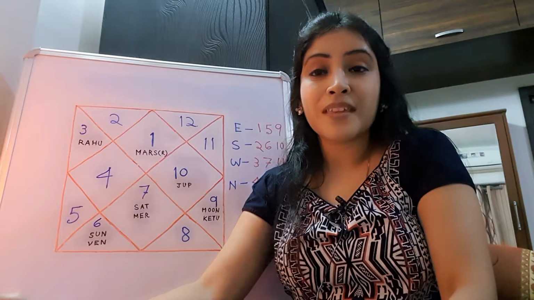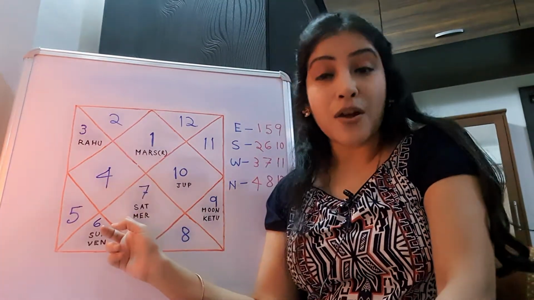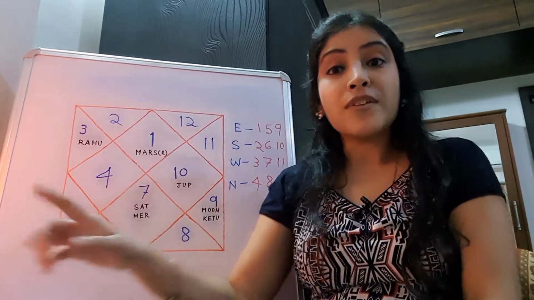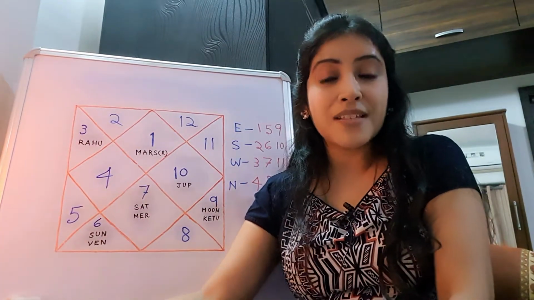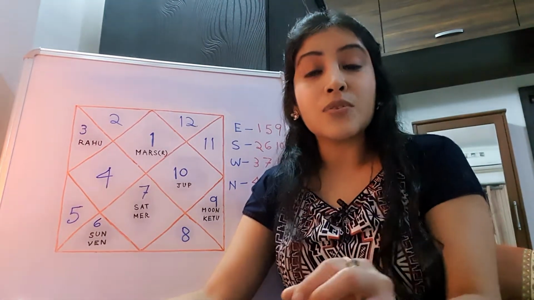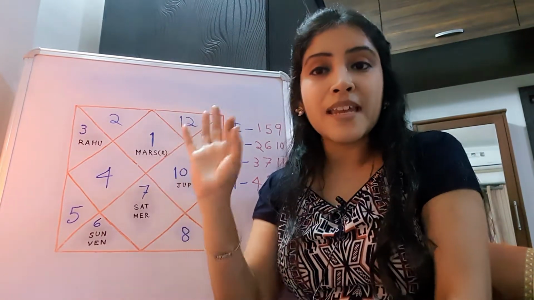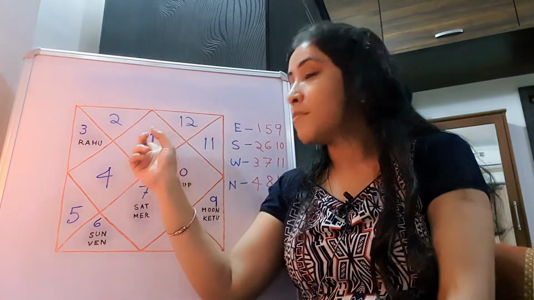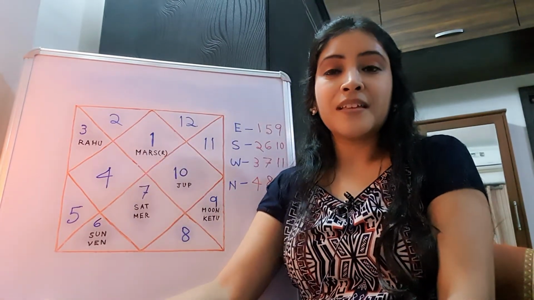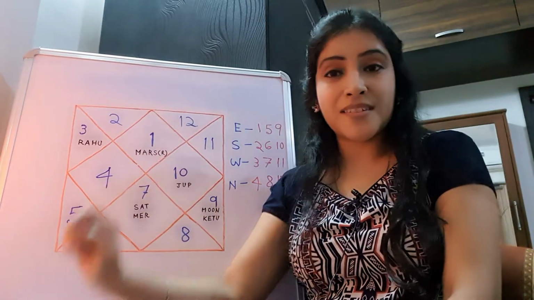Why? Can you say? Because in the 7th house from the first house, we have 2 planets. What are those 2 planets? Saturn and Mercury. Saturn and Mercury are very good friends, and they are great enemies of Mars. So both of them will directly aspect Mars.